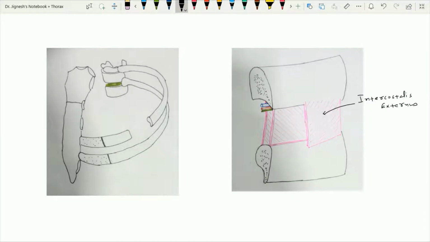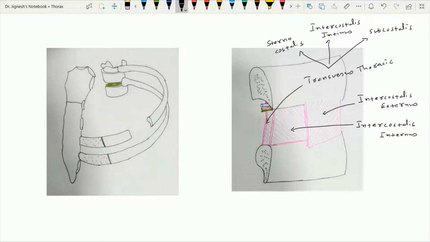Just under it we find one more muscle sheath, which is internally present, and that is called intercostalis internus. The deepest muscle sheath within the intercostal space is the transversus thoracis, which has three parts. In the middle two-fourths, it is intercostalis intimus. In the anterior part, it is sternocostalis, and in the posterior part, it is subcostalis.